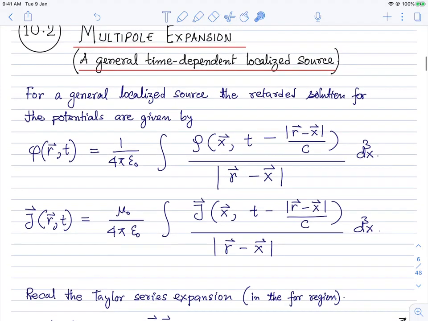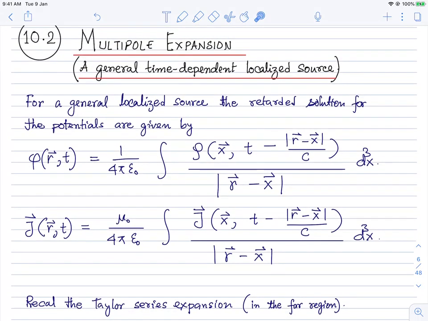So how are we going to understand that phenomenon? The strategy is going to be very simple. We are going to take our retarded solutions and find the 1 over r component of the electric and magnetic field corresponding to the retarded solutions when we are given an arbitrary charge density or current density.